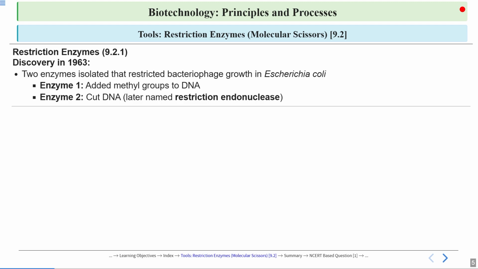So they isolated two enzymes from E. coli that restricted bacteriophage growth, and found that enzyme 1 adds methyl groups to DNA, whereas enzyme 2 cuts the DNA at a specific position. We got to know that specific position later, but they saw that the second enzyme cuts the DNA, and later they termed it restriction endonucleases.